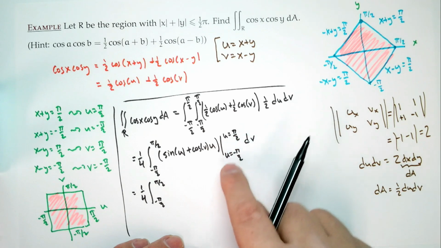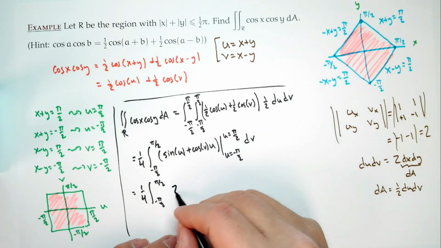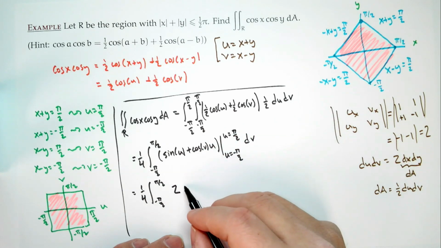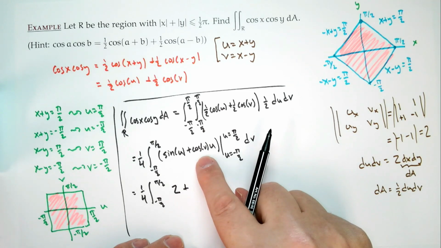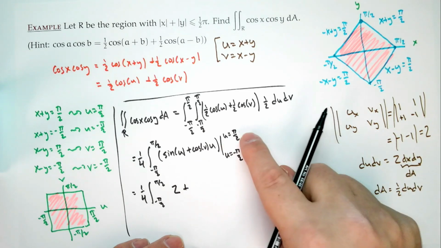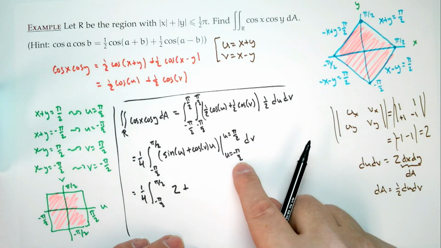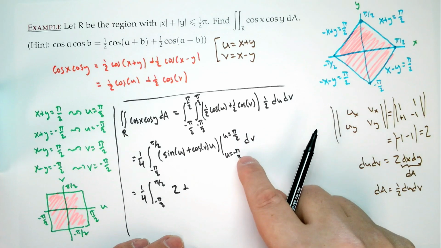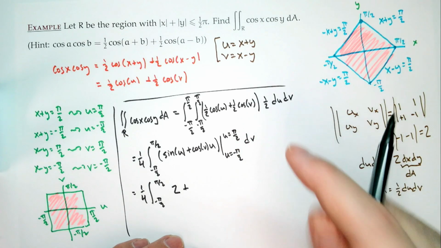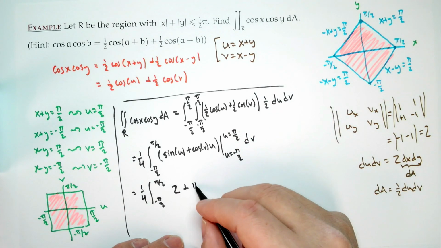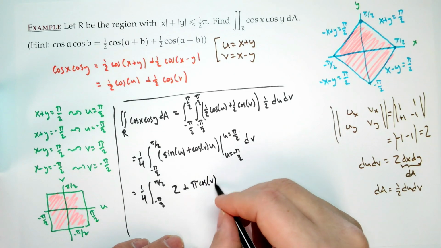So 1 subtract negative 1 makes this 2. Then you're going to have cosine of v, which is going to stay as cosine of v, times pi halves minus negative pi halves, which is pi. So pi cosine of v.